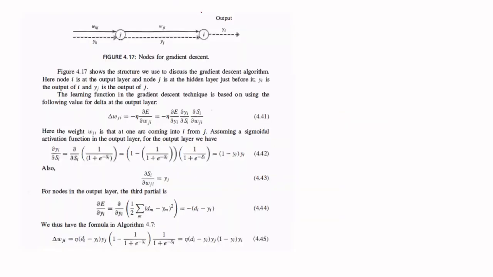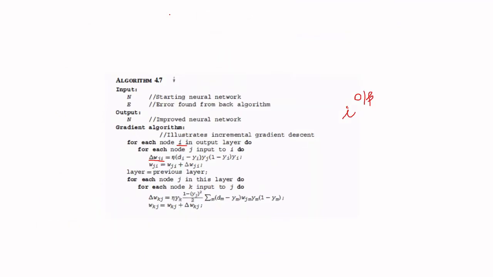Here, this is our output neuron i, this is the neuron before it in the hidden layer, and what we want to do is correct the weight wji. So you want to find out what is the change in weight which has to be applied. That is delta wji.